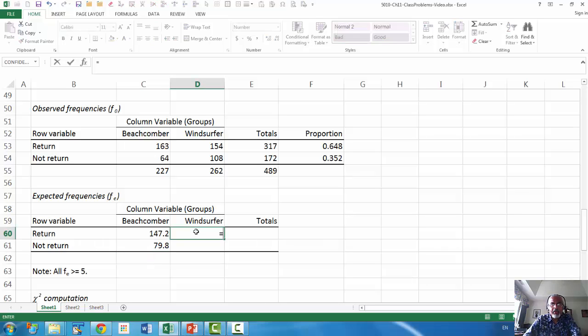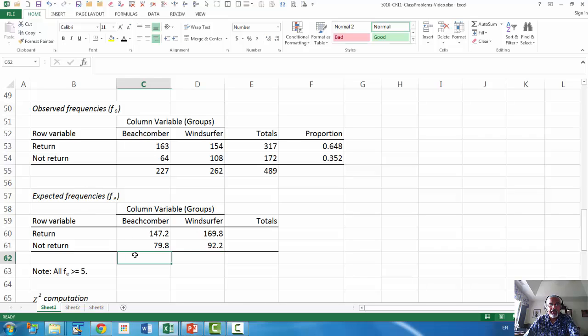Do the same thing here, n sub 2 times p bar and n sub 2 times 1 minus p bar. So these are the expected frequencies.